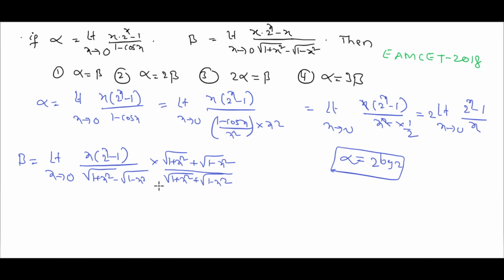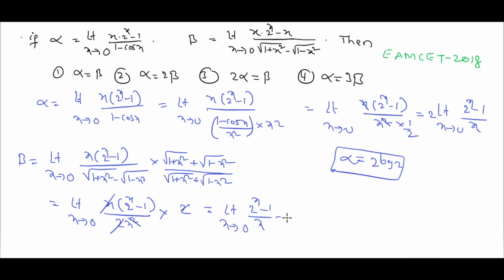So the denominator is in the form of (a plus b) into (a minus b). So this value is 2x square, that is equal to limit x tends to 0 x into (2 power x minus 1) by 2x square into, as x tends to 0, here 1 plus 0 is 1, 1 minus 0 is 1, so 1 plus 1, that is equal to 2. So 2 cancels, one x is also cancelled, that is equal to limit x tends to 0 (2 power x minus 1) by x, this value is 2, that is equal to log 2. So beta is equal to log 2.